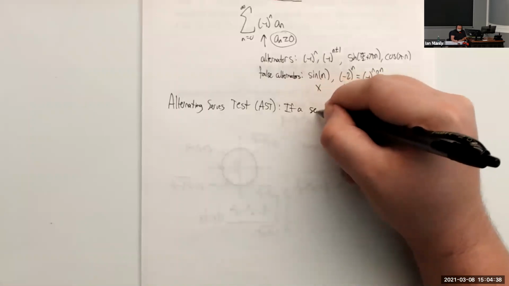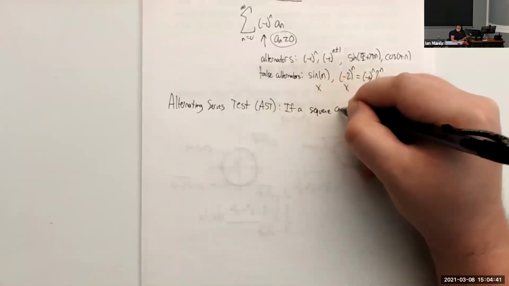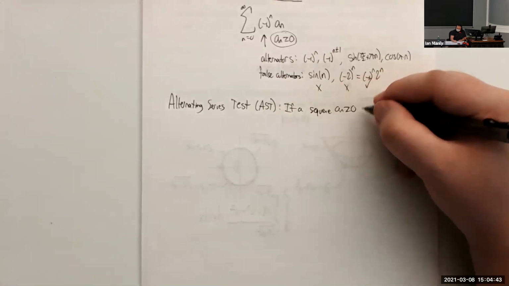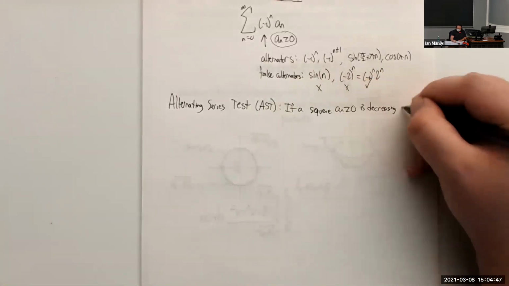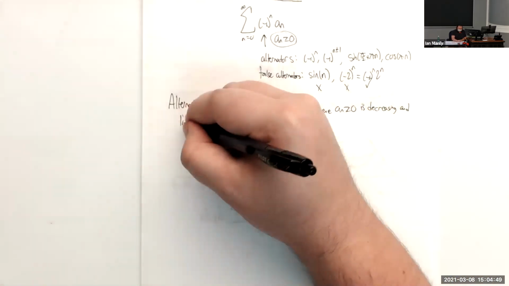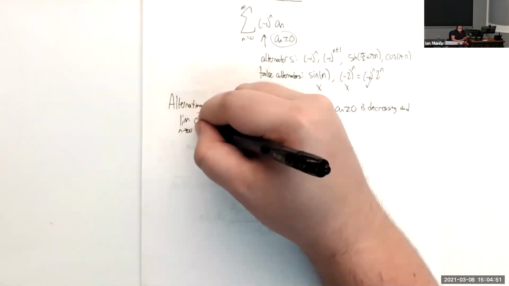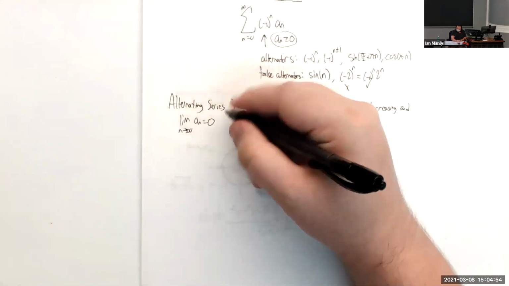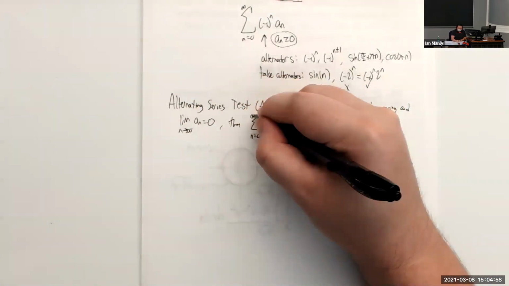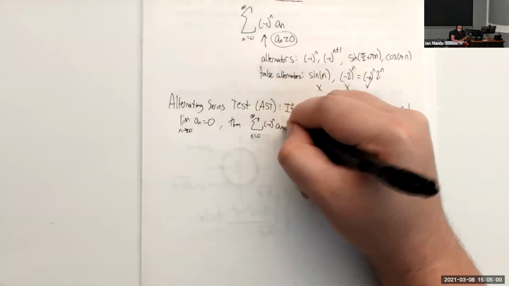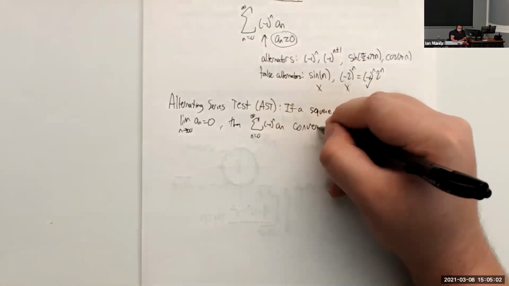If a sequence a sub n greater than or equal to 0 is decreasing and the limit as n goes to infinity of a sub n equals 0, then the alternating series, -1 to the n, a sub n, converges.